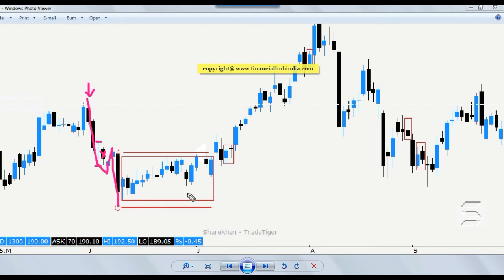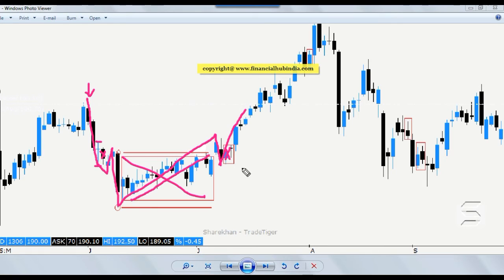Then we have so many child candles, so we'll ignore all of them, and we'll see which is the next candle breaking the high or low of the mother, which is this one, breaking the high. So from here we go up to the highest point, and the next candle broke the low. Then we again see children, we ignore them, and the next candle we take just broke the mother candle's high. So we keep on continuing drawing this. This is how you're supposed to continue all this chart.